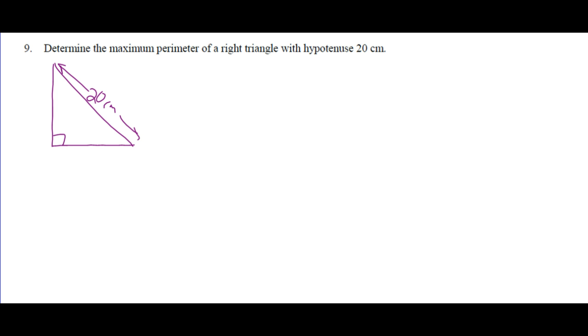So we want the maximum perimeter. So there's going to be an angle here, theta. And in terms of that angle, we can figure out the lengths of the other two sides, right? So what's the length of the opposite side?